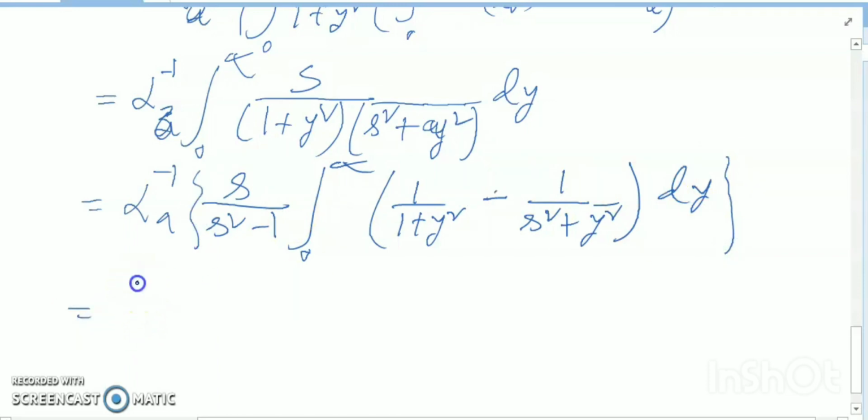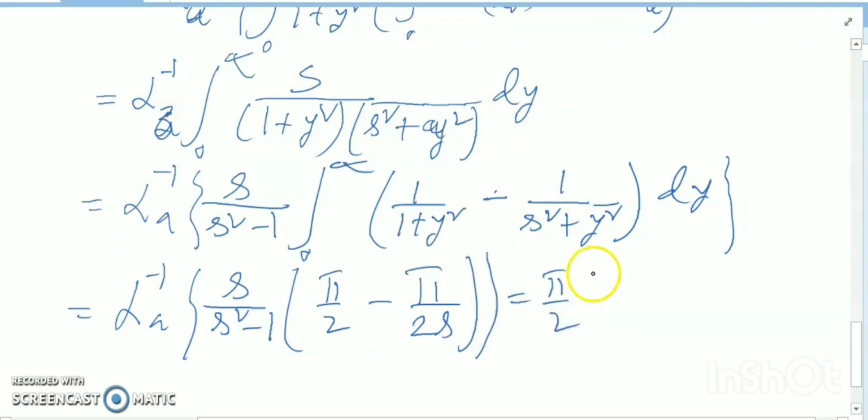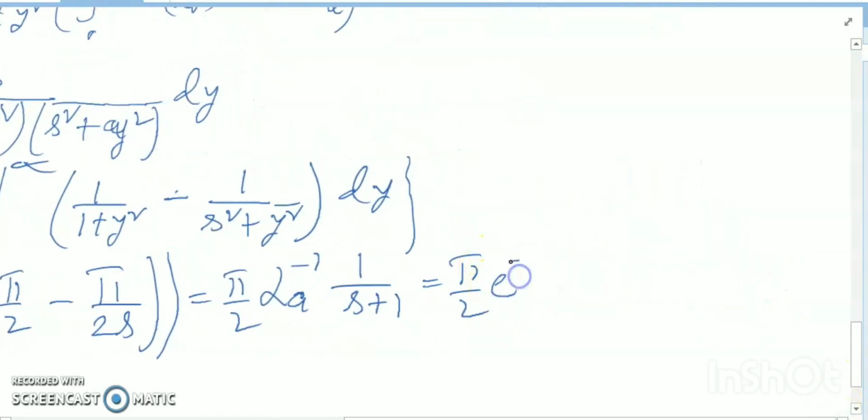So L inverse a equals s divided by s square minus 1, and this is pi by 2 minus pi by 2s, and this value equals pi by 2 L_a inverse of 1 by s plus 1, which is equal to pi by 2 e to the power minus a.